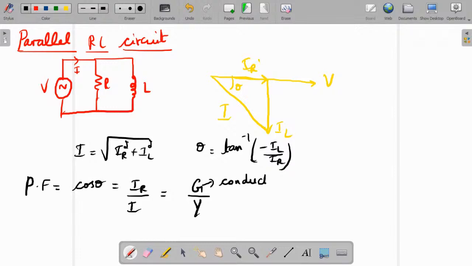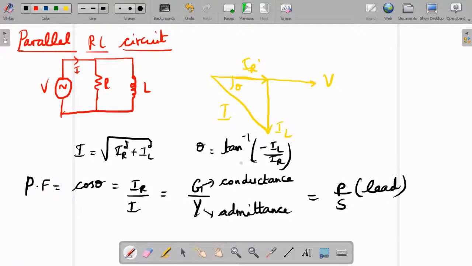There we saw R and Z, impedance and resistance; here it is conductance and admittance. Y is admittance, which is equal to P by S. And for a parallel RL circuit, the power factor will be lagging power factor.